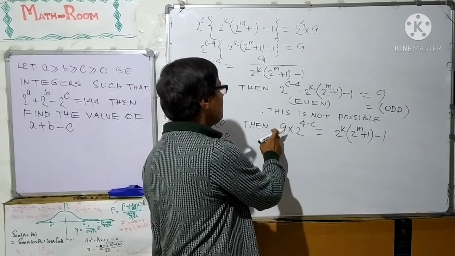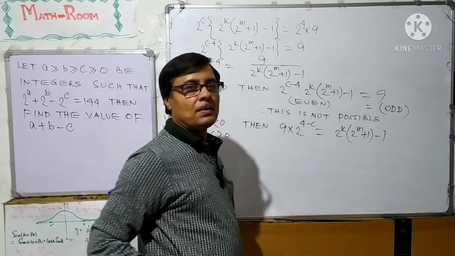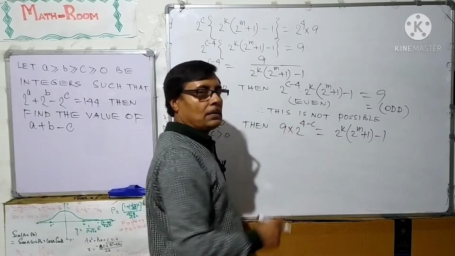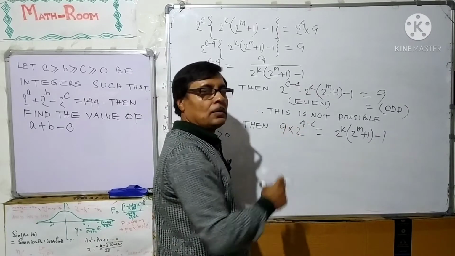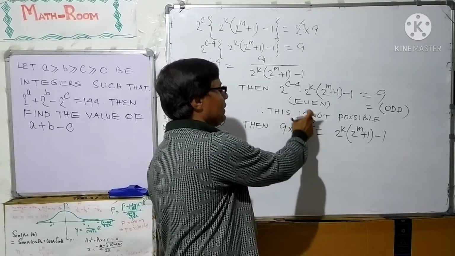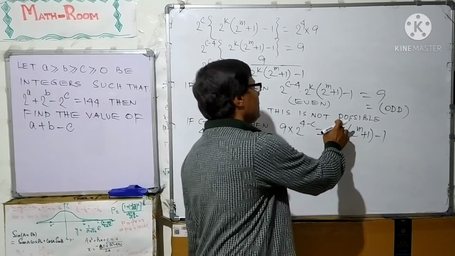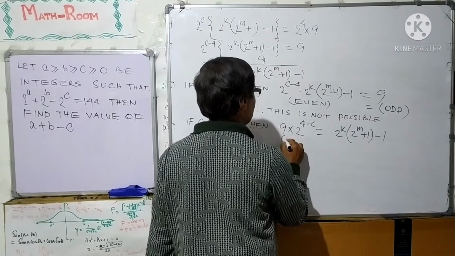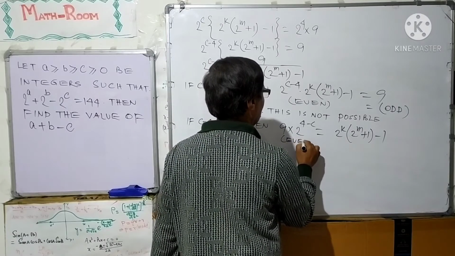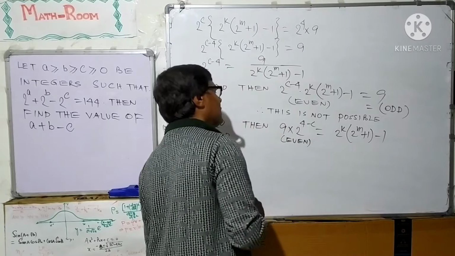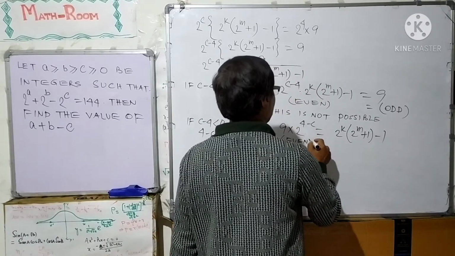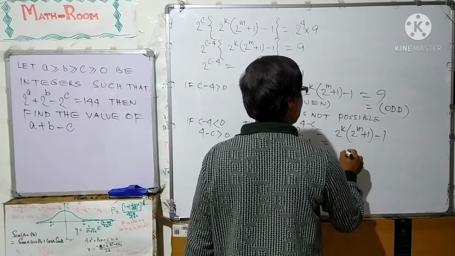So, 9 into 2 to the power 4 minus c has at least a factor 2. So, this is an even number, but the right hand side is an odd number.